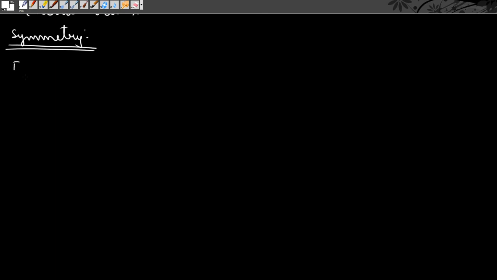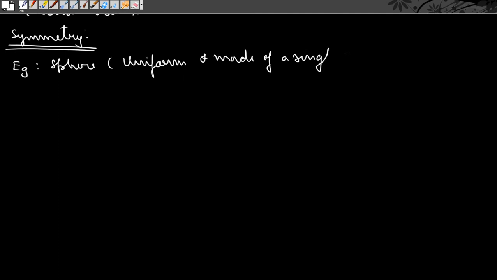So I'm going to begin with an example of a sphere which is uniform in mass and made of a single material. Okay, so we have a particular sphere like this, and let's say that this is the point from which we observe the sphere.